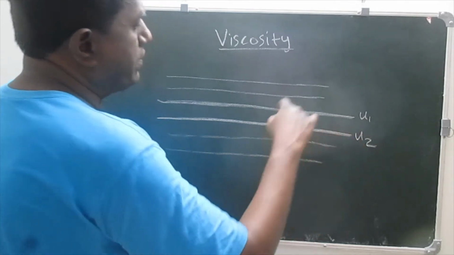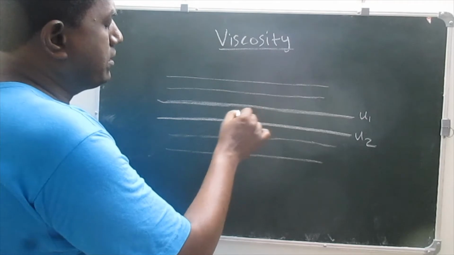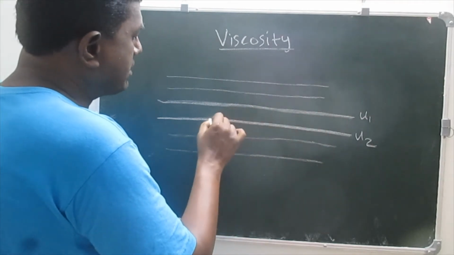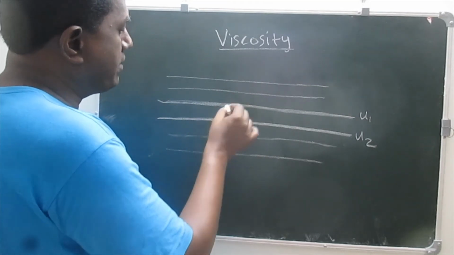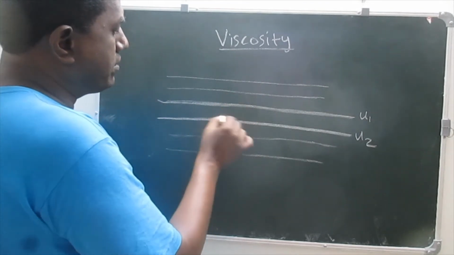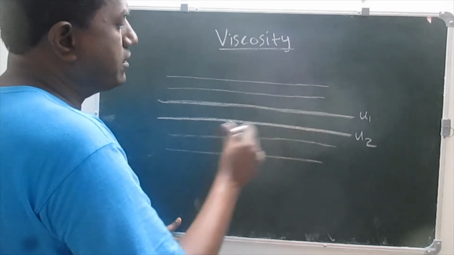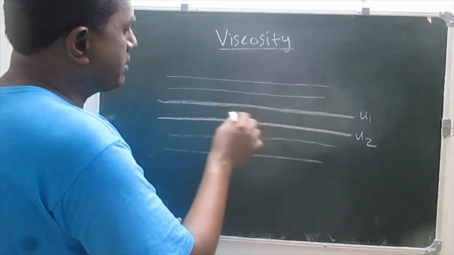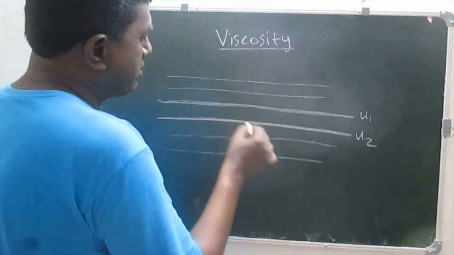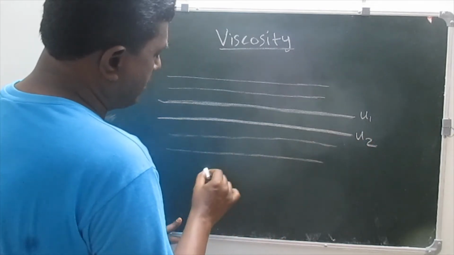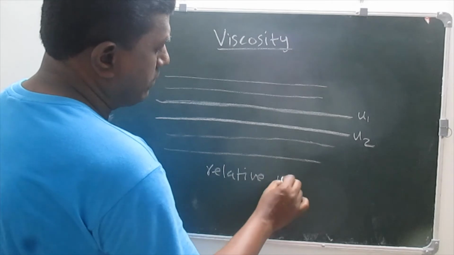That is how we come across one term called relative velocity. Because of the internal resistance, this layer offers a resistance on the top layer, and this layer offers resistance on the bottom layer. So both layers are dragging each other, offering internal resistance between the layers. That is why we find there is a relative velocity, and the relative velocity is very important.